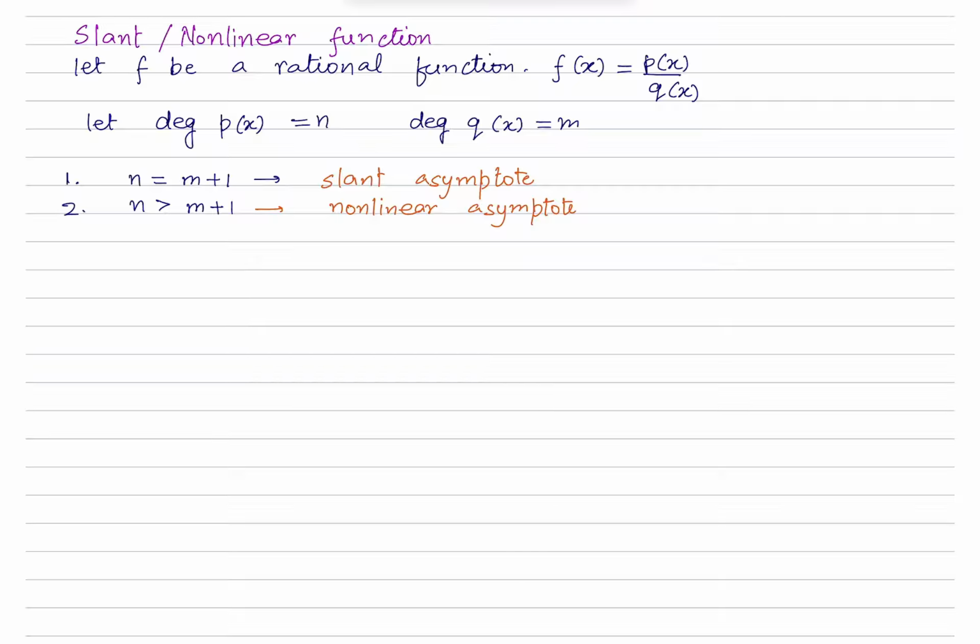To find your slant or nonlinear asymptote, we divide the numerator by the denominator and we will get a quotient, right? So we divide the numerator by the denominator, and let's say you got a quotient of q(x). Then y equals that quotient will give you your slant asymptote or your nonlinear asymptote.